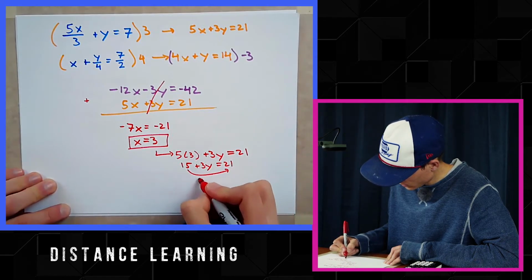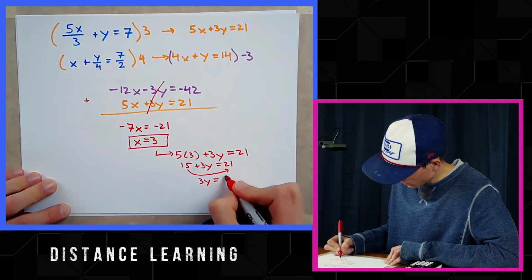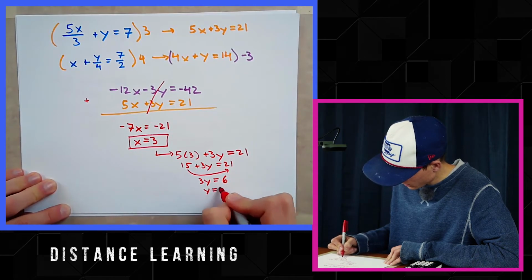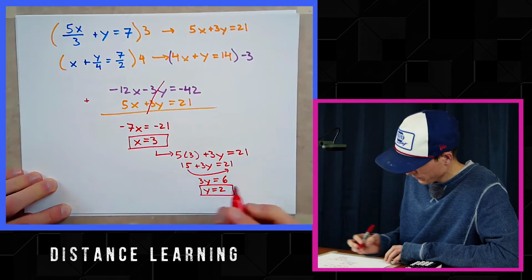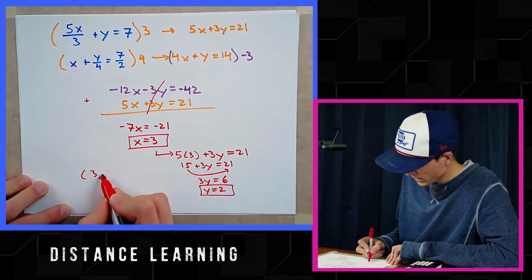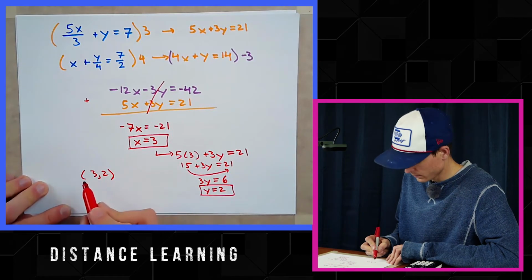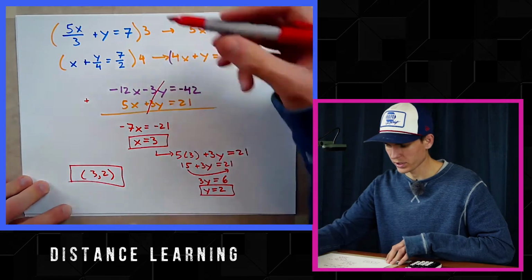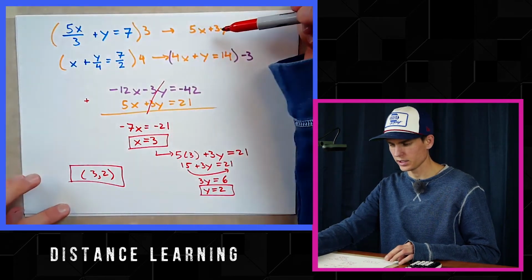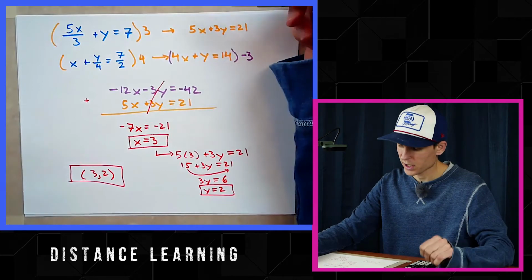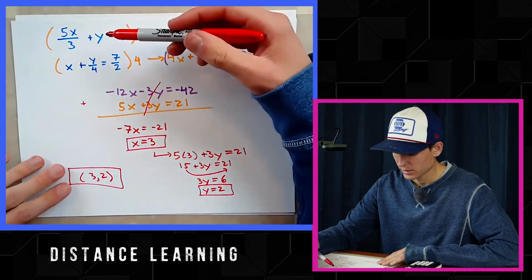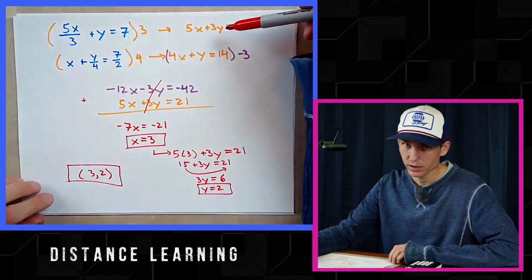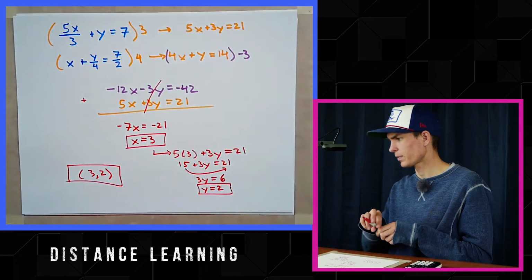Subtract 15, so 3y equals 6. Divide by 3, y is 2. So your answer is (3, 2). Shazam. Again, if you plugged it back into the original or into this one, it would work. Just be careful that you don't mess up your equations going from here to the simplified form.